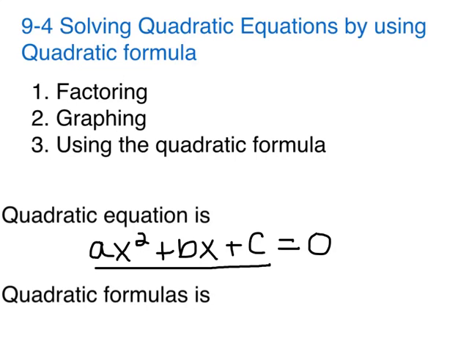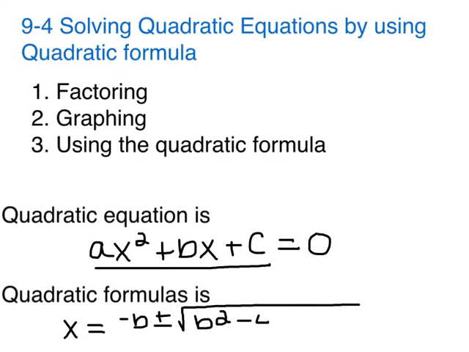Your quadratic formula is x equals, so remember we're solving for x, x equals negative b plus or minus the square root of b squared minus 4ac, and the whole thing is divided by 2 times a. Make sure you copy this down. You'll need it for the rest of the lesson.